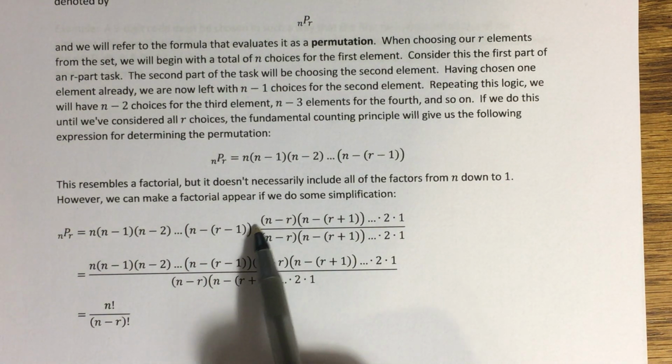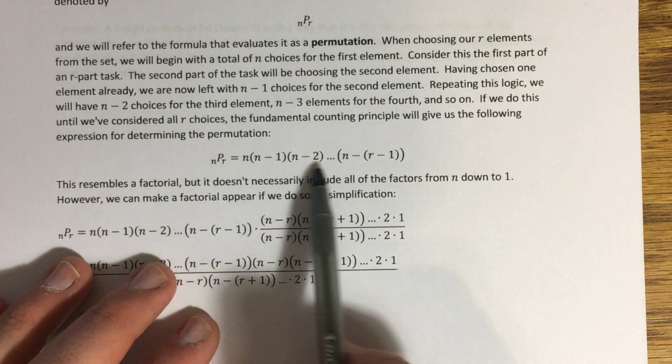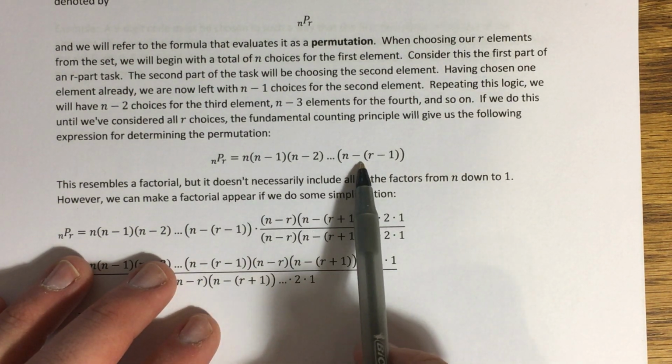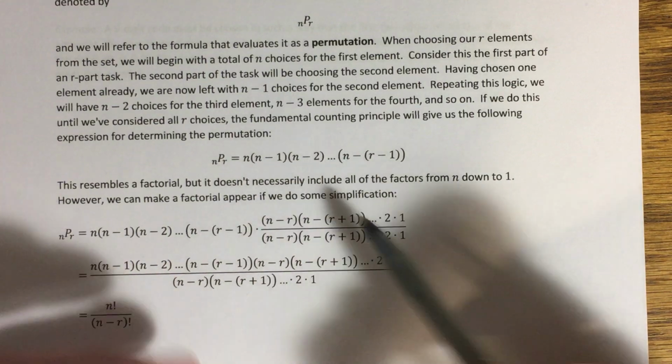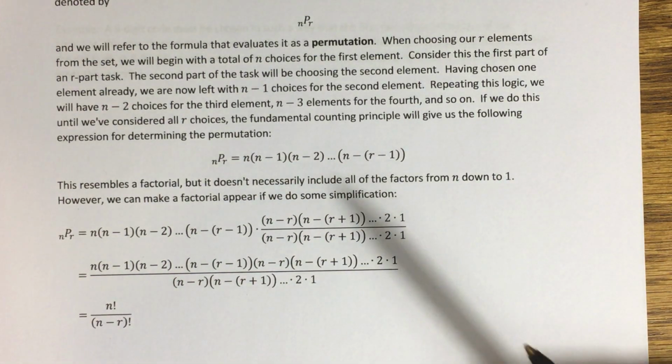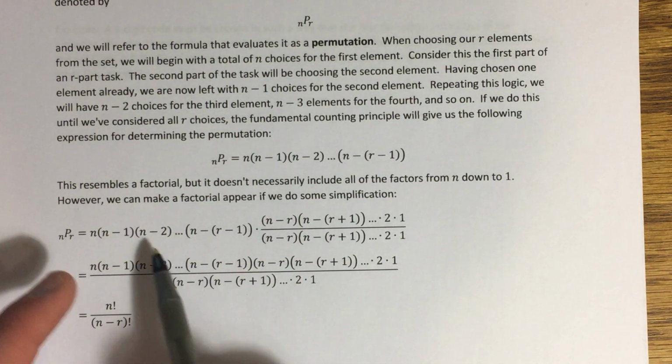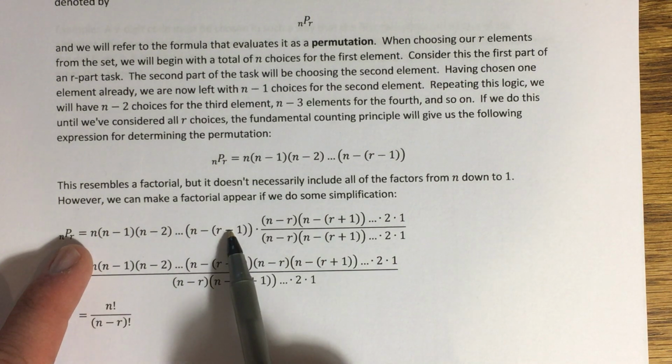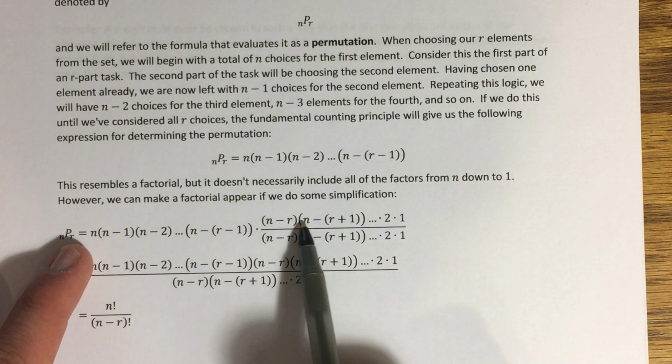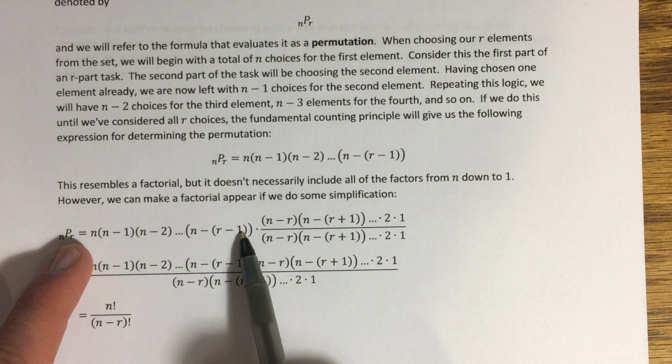So again, remember the way that I described this before is that it looked kind of like a factorial, but one that came to an end too early. It didn't make it down to 1. So if I wanted to force this thing to look like a factorial, I need to provide the rest of those factors that are missing here.